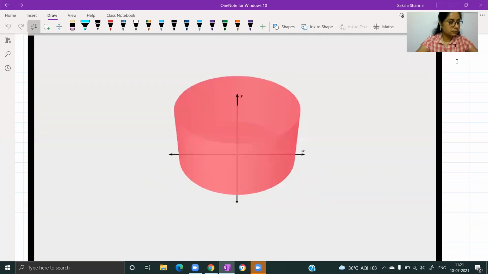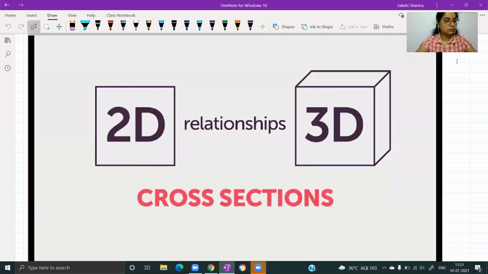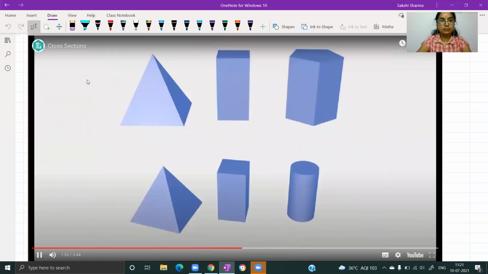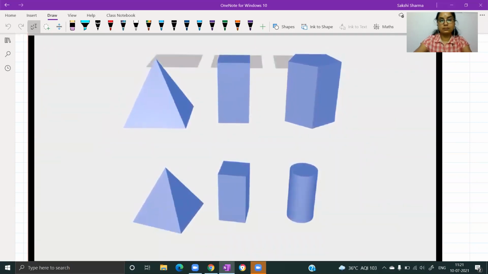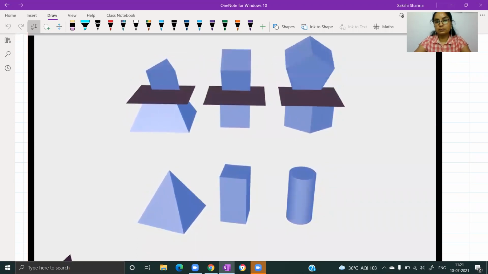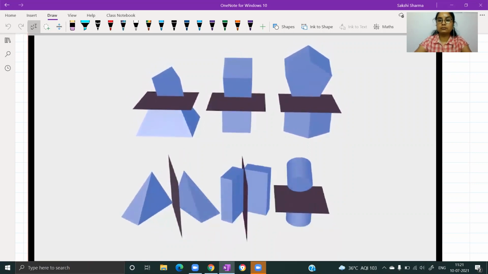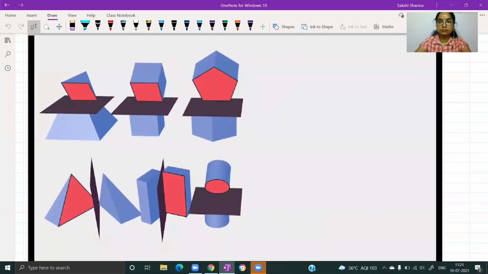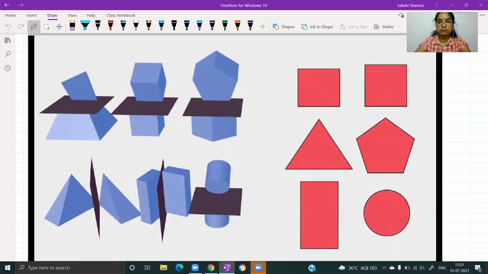Another relationship between two-dimensional shapes and three-dimensional figures is cross sections. As stated before, a cut made to a three-dimensional object will produce a two-dimensional figure known as a cross section. With each different three-dimensional figure, a different cross-section will be formed, depending on the cut. When identifying cross-sections of three-dimensional figures, it is important to understand the cut of the figure and envision the two-dimensional figures that would be formed.